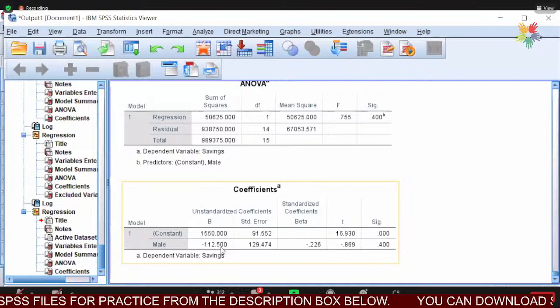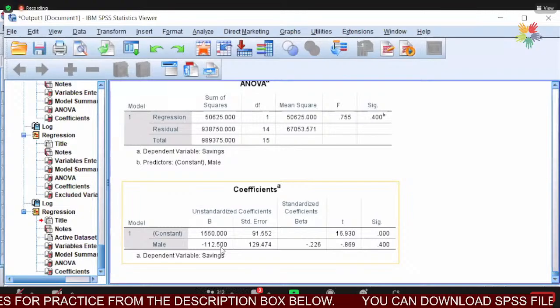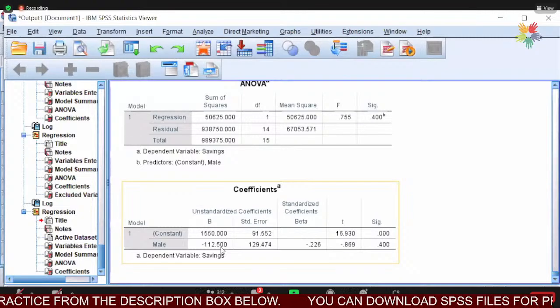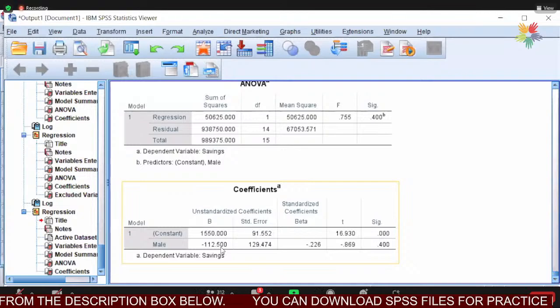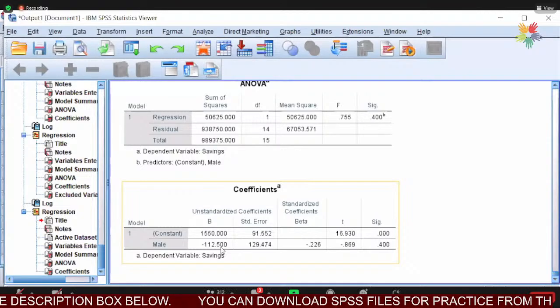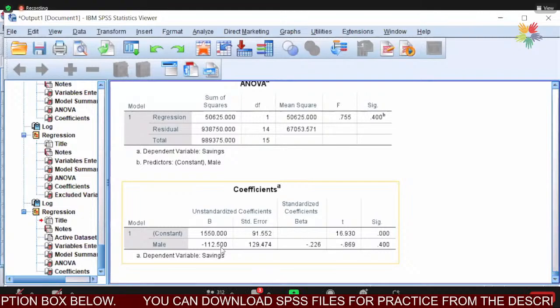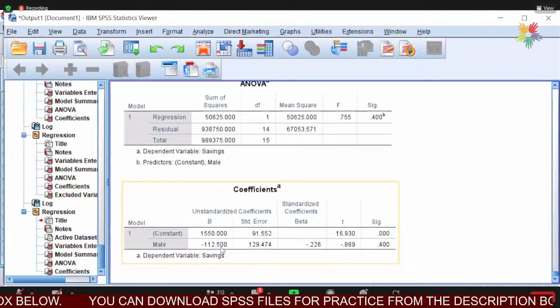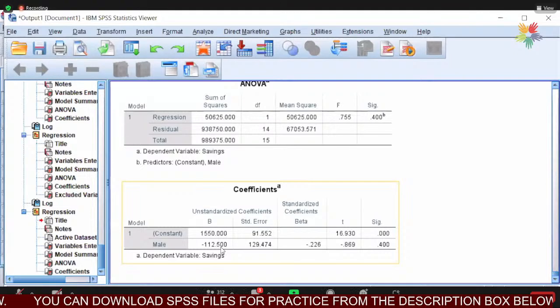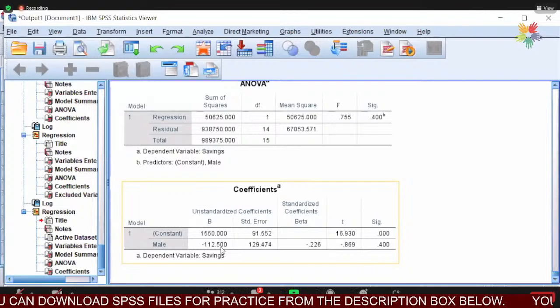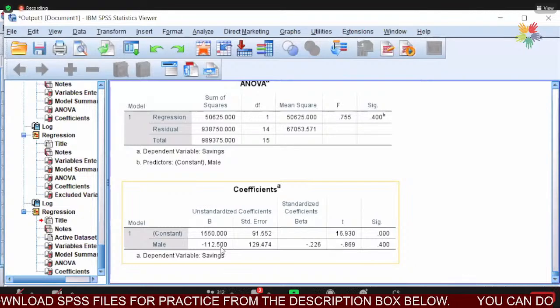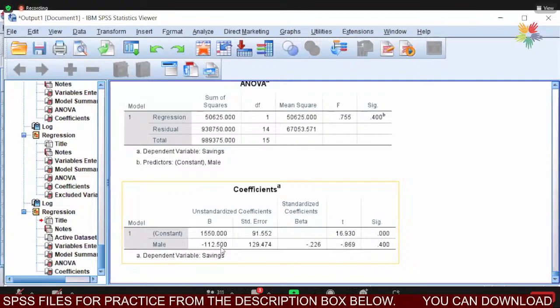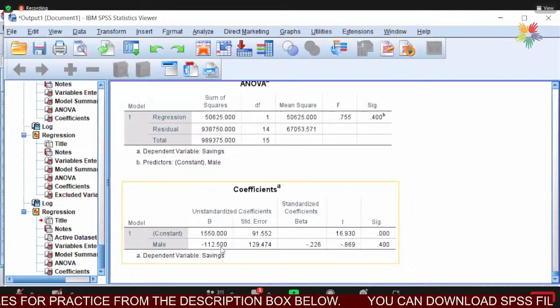If it is plus, they say more than, the same as my dependent variable. So it is not a 1 unit increase, please understand. The average saving of male is 112.50 rupees less than the female. That way you have to interpret.